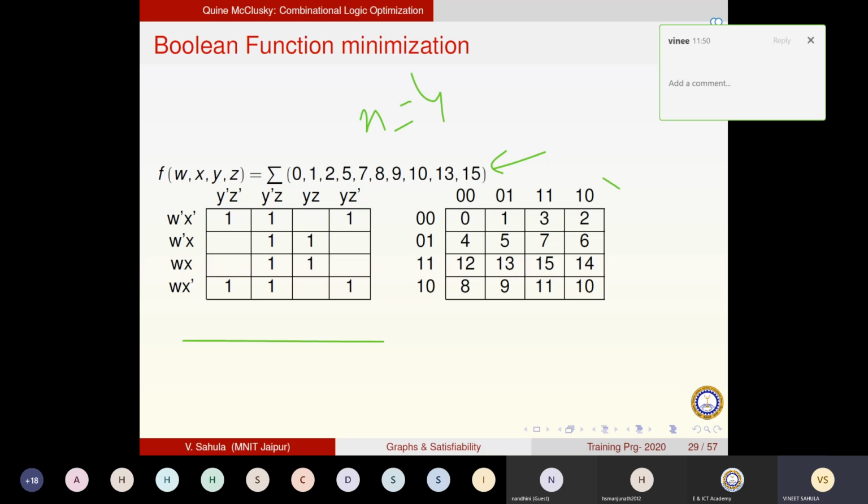I'm giving you help here. This is a template. It is applicable. You remember this template. And from this function, you choose those small squares corresponding to these integers and fill in 1 there. I have done this here. So this is okay. Once I have made a K-map, how do I minimize? I focus on one term and try to find its neighbors.